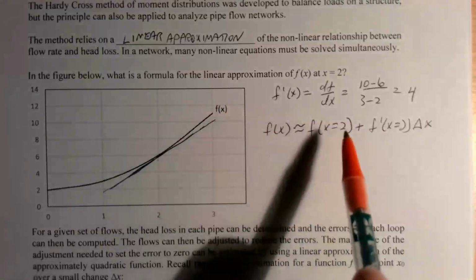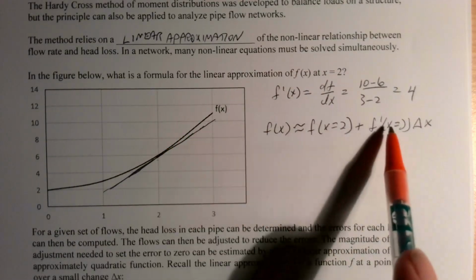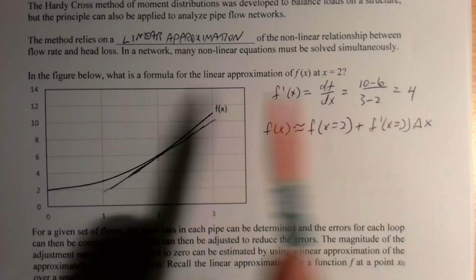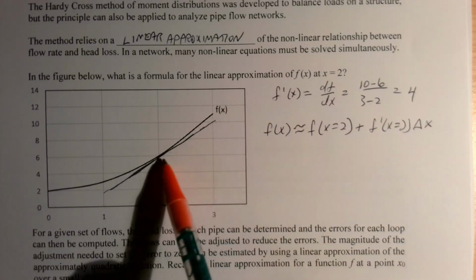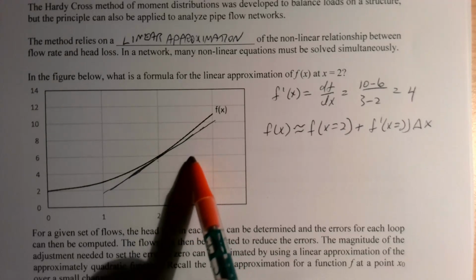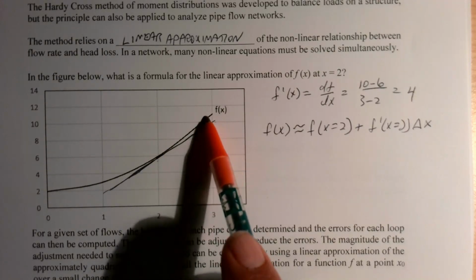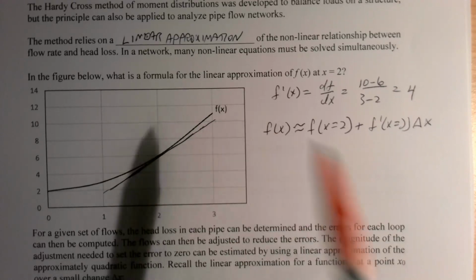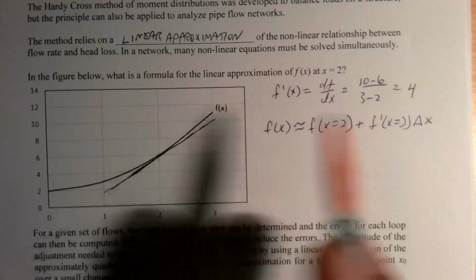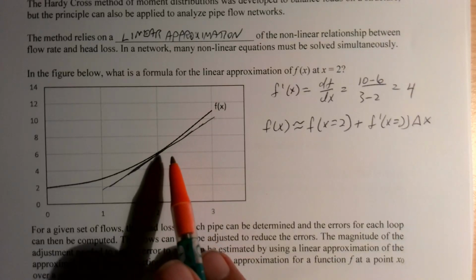So this is the starting point plus the slope, which is rise over run, times the change in x. Delta x times the slope tells you the change in y. If you start going all the way out here, you can see we would slightly underestimate f of x because our linear approximation isn't right. But this is the general formula. And if you're close to this point, it's reasonable.